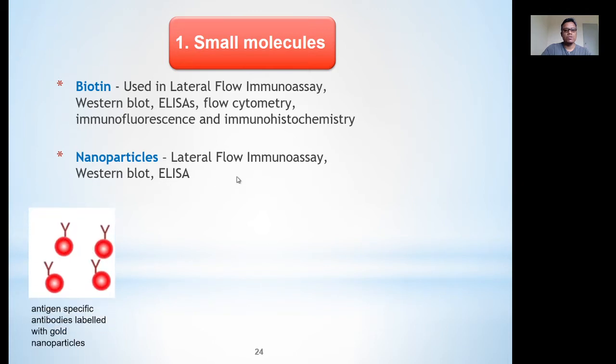So now we look at an example using nanoparticles. How can these small molecules or nanoparticles attached to an antibody help in giving signal in an immunoassay? We begin with the antigen-specific antibodies. These antibodies are an antiserum for a specific antigen that we are looking for. So imagine that we are testing for COVID-19 virus in a patient sample.